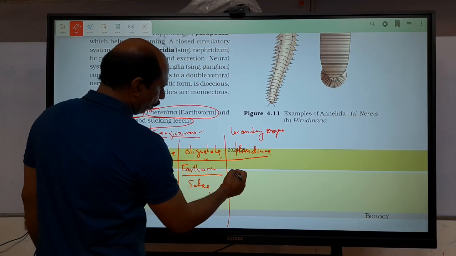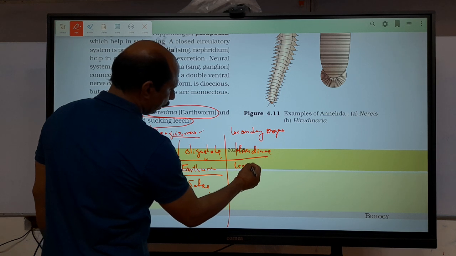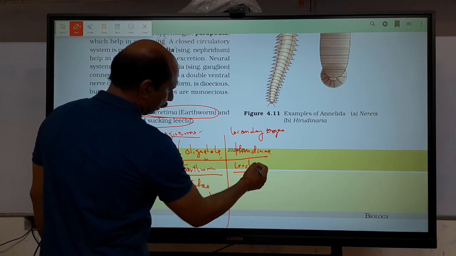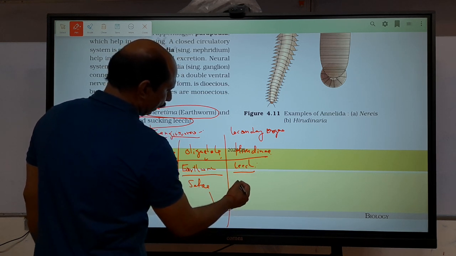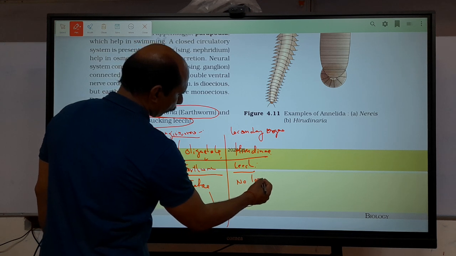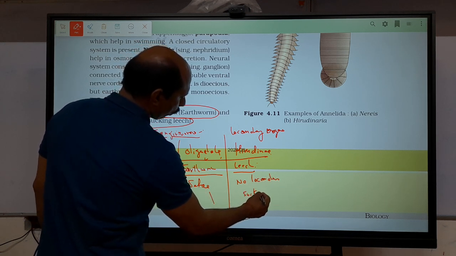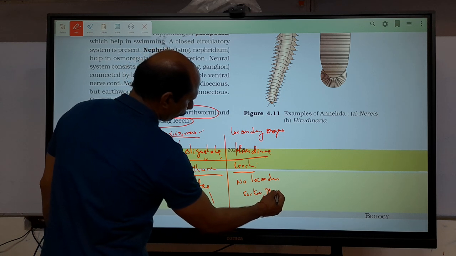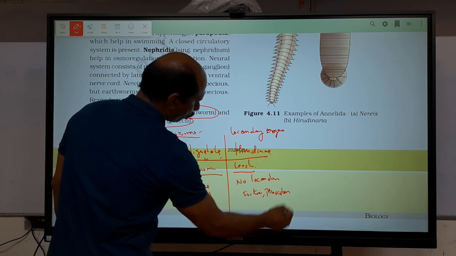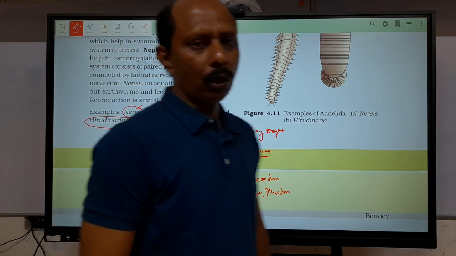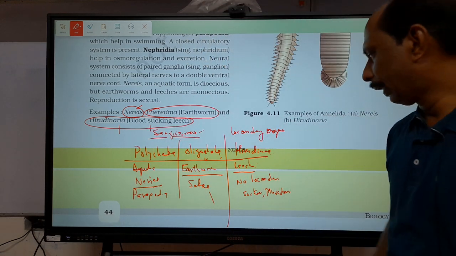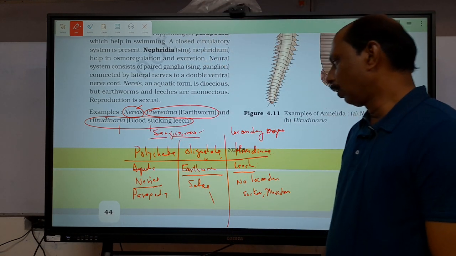And in Hirudinea, as for example leech, they are ectoparasite, sanguivorous, blood sucking animals, they have no locomotory organs. So they use suckers for locomotion, or muscular locomotion is there. That means they take help from suckers and muscles for locomotion.